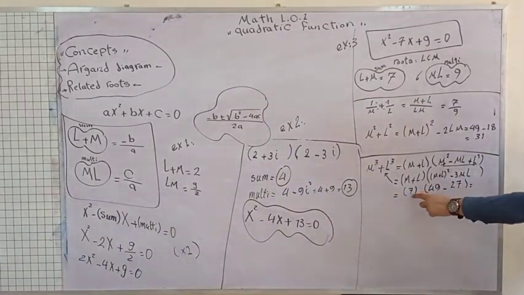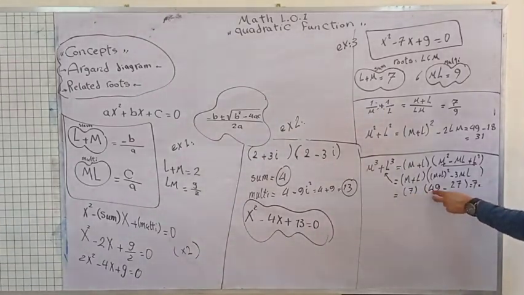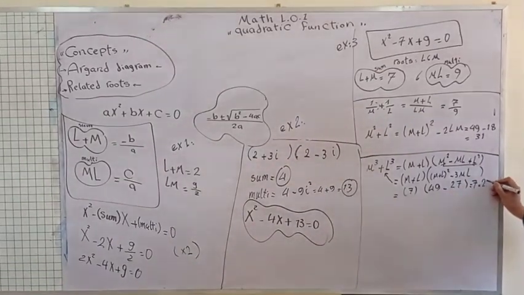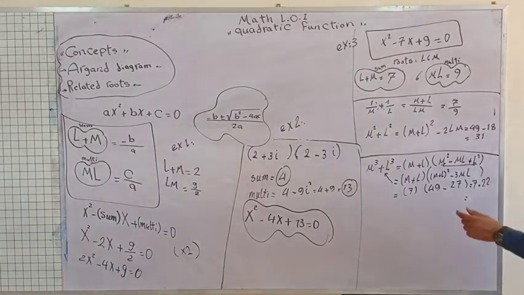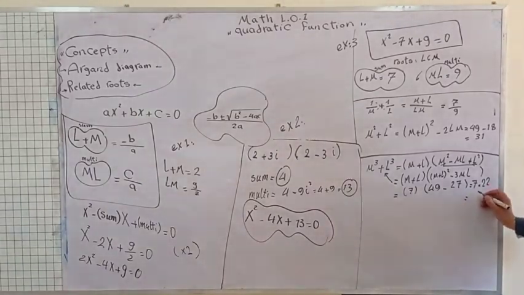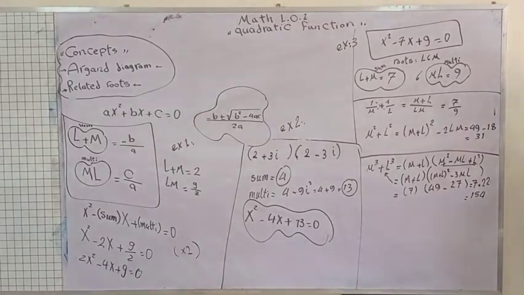Then 7 times 49 minus 27, which is 22. Then 7 times 22 equals 154.